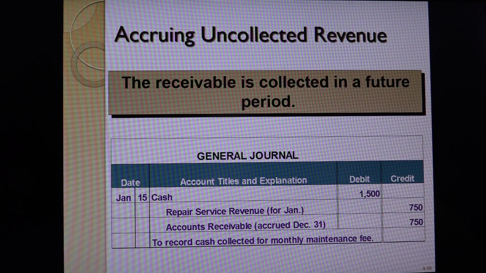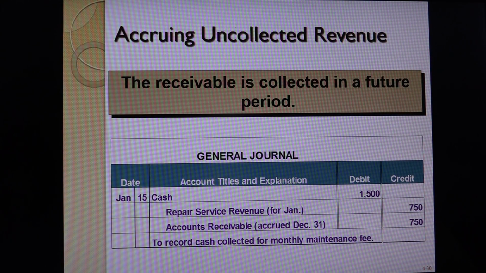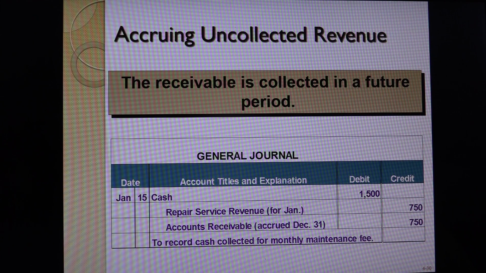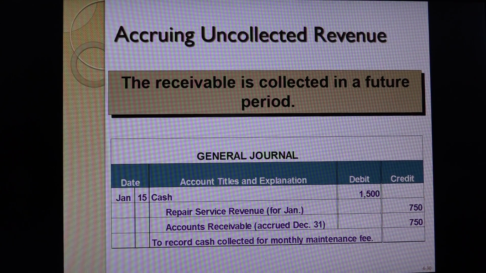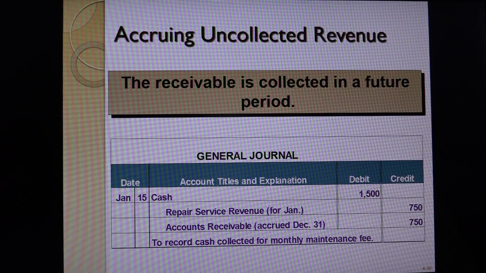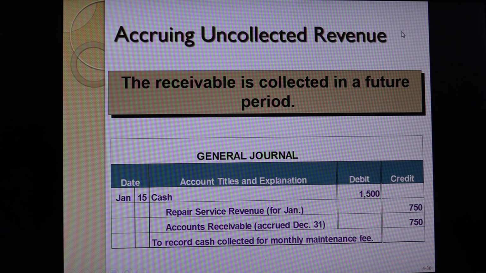So what they have to do is break this out. For January, it's repair service revenue $750, and then they have to reduce accounts receivable by that $750 for the bill they accrued, the receivable they accrued for the prior year.